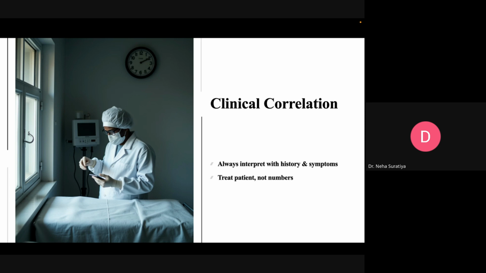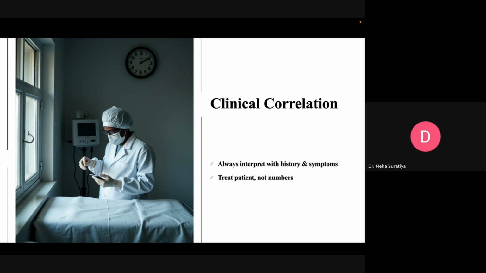Of course we are aiming for lowering the blood pressure, but we cannot treat the numbers as if it must be 120 by 80. No, right? I need to treat from the patient's perspective. Patient-related factors play a huge role while making clinical decisions. I will let you know through case examples how to think in that sense, how to relate everything and how to think like clinicians.